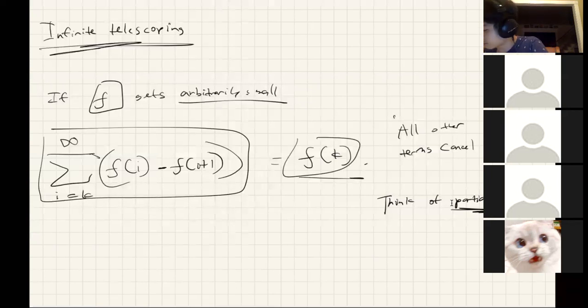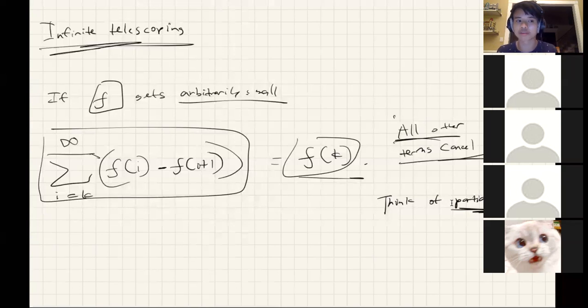All other terms cancel out. But be aware that this technique only works if f is decreasing, if f gets arbitrarily small. The infinite sum only converges if f gets arbitrarily small.